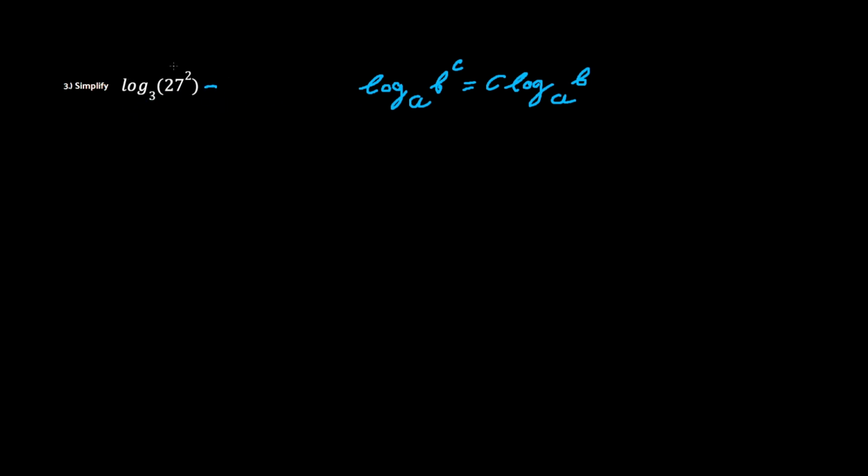So in our case, we get the following expression. Now the 2 is out of the bracket, and we know that 27 is 3 to the power of 3.